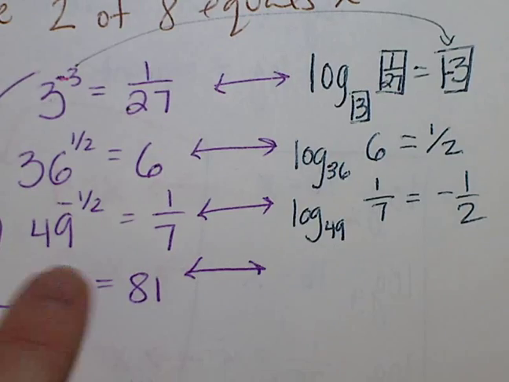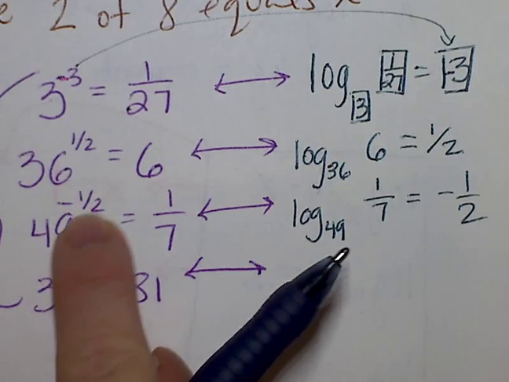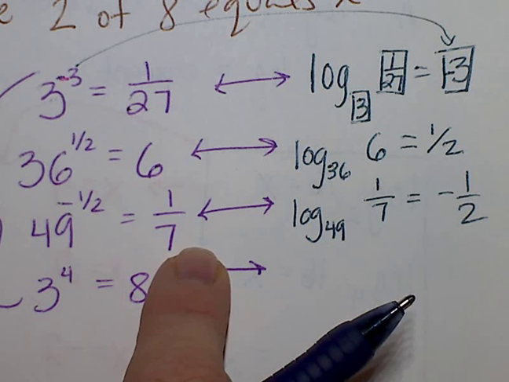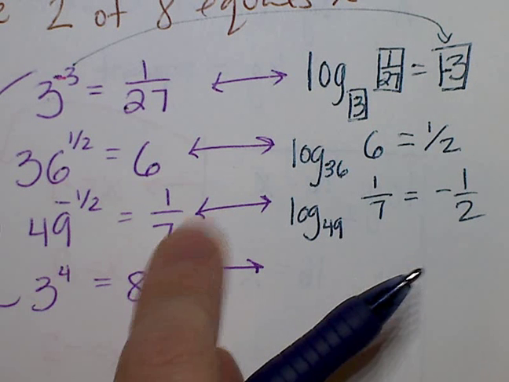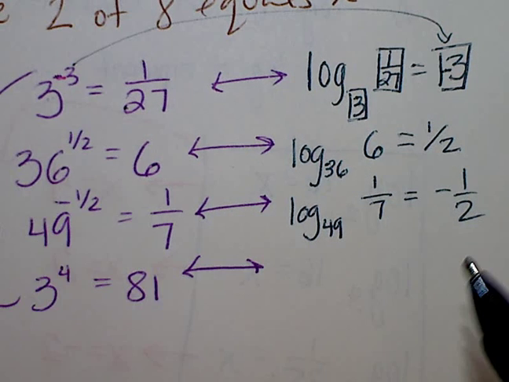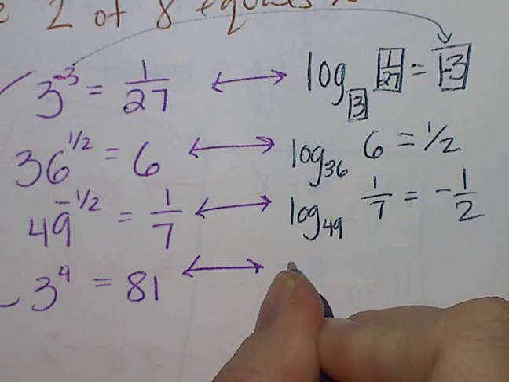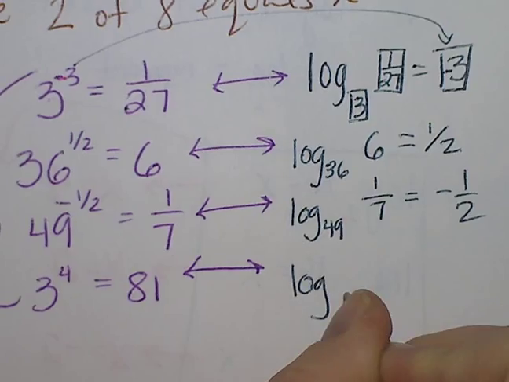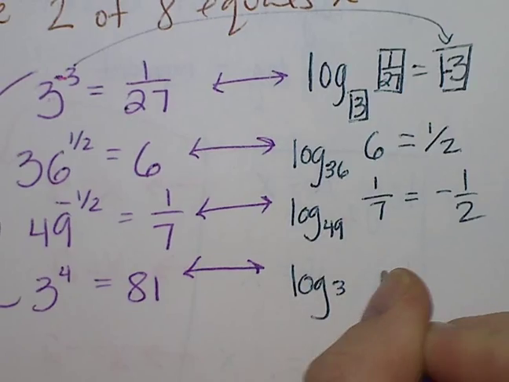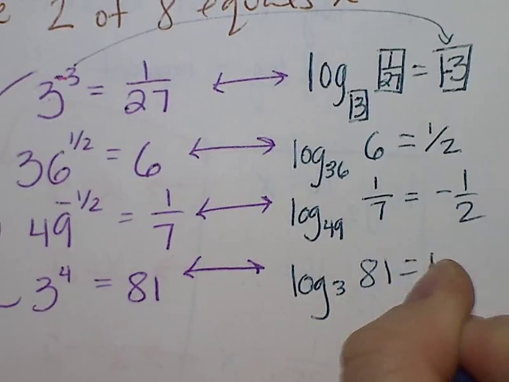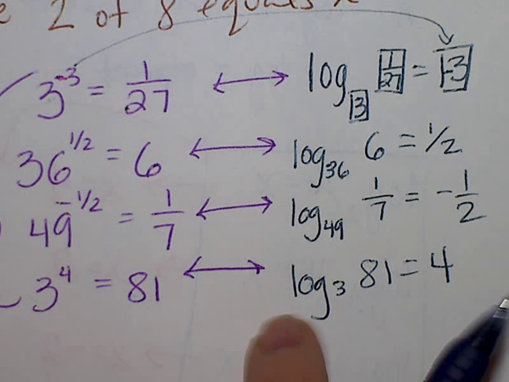So do you agree the square root of 49, that's what this means, is 7? And because 7 is now on the bottom, we make it a negative sign. Very last one, Robert. Log base 3 of 81 equals 4. Nice job. Log base 3 of 81 equals 4.